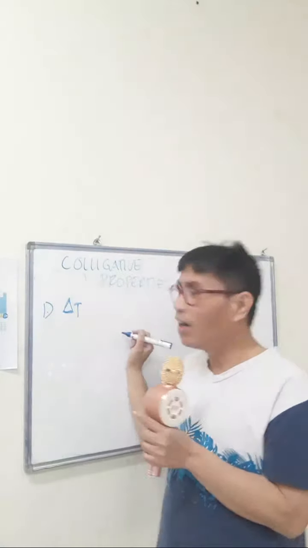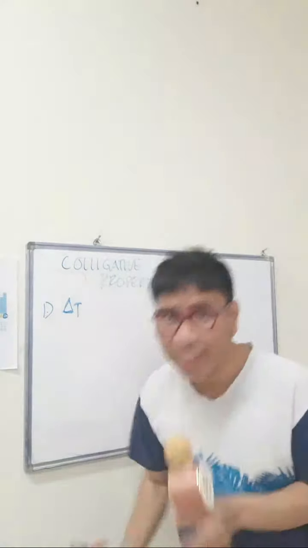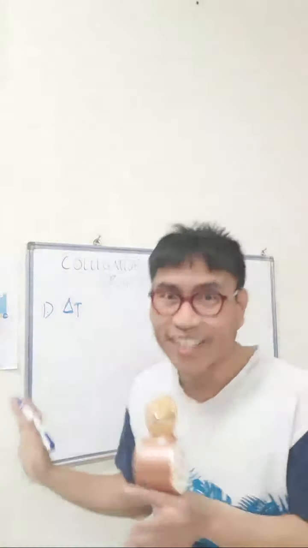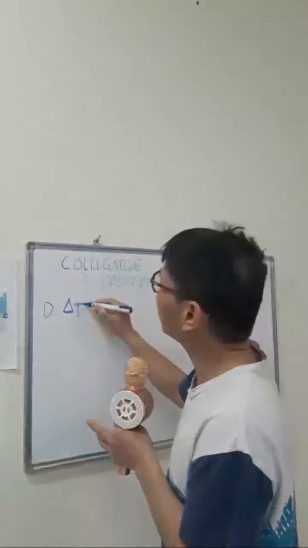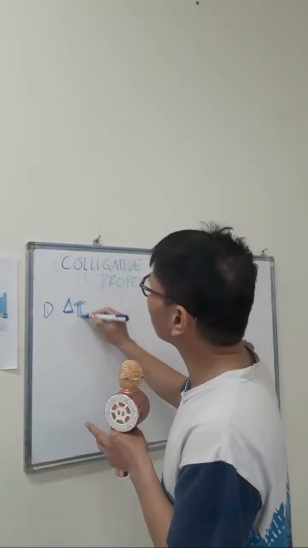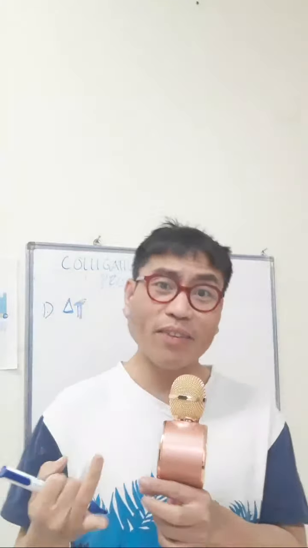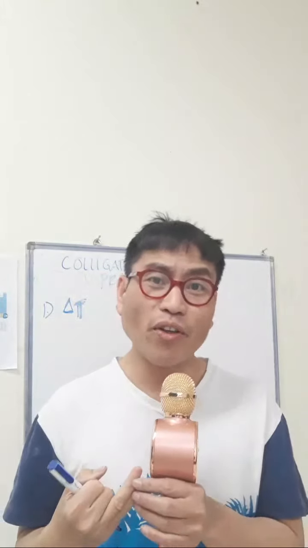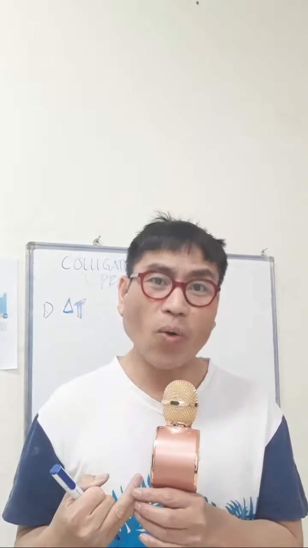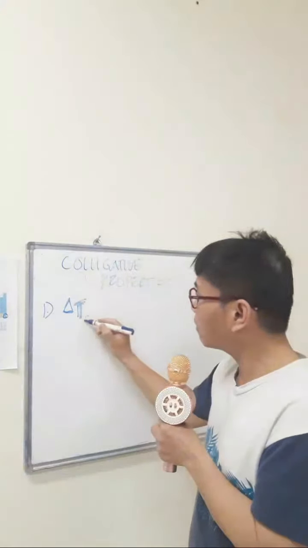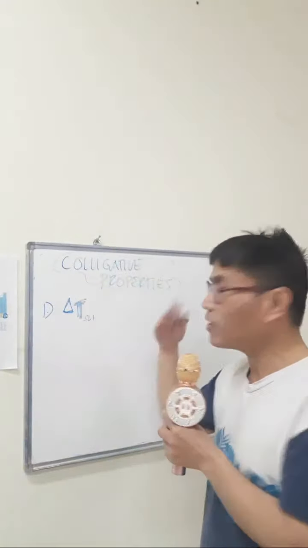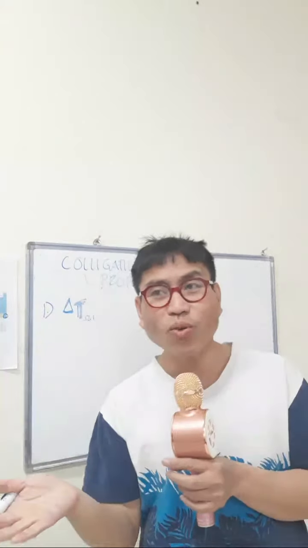Di ba ang hirap? Okay, so we will just understand that these are all solutes. Solute and solvent have the same first three letters, S-O-L. If I put a subscript SOL here, it will be the same for solvent.